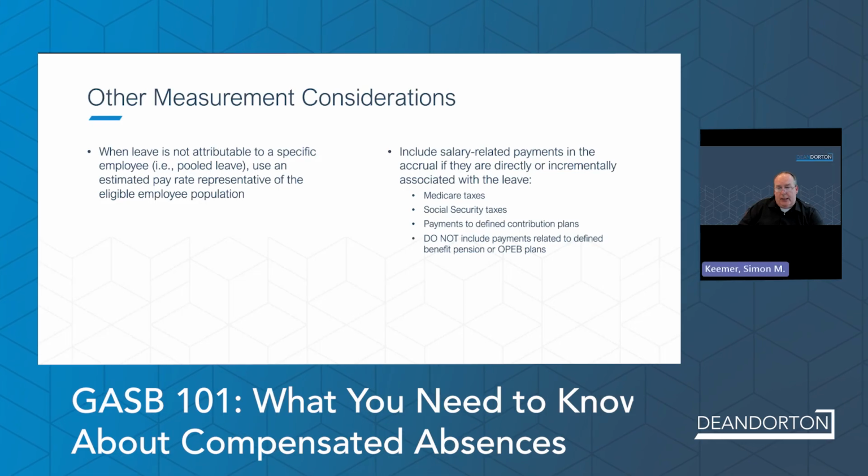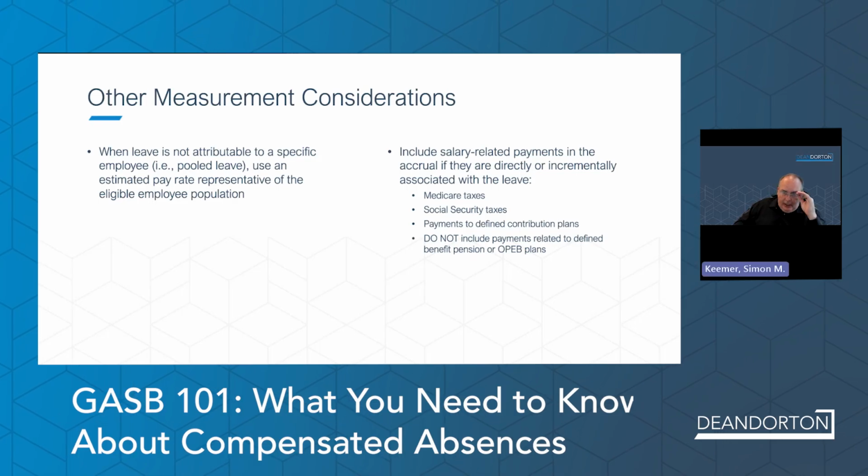However, you do not include payments related to a defined benefit pension or OPEB plan, because once again, those are considered to be in the pension and OPEB liabilities. But any other directly or incrementally associated payments, you do have to include in that accrued compensation accrual.